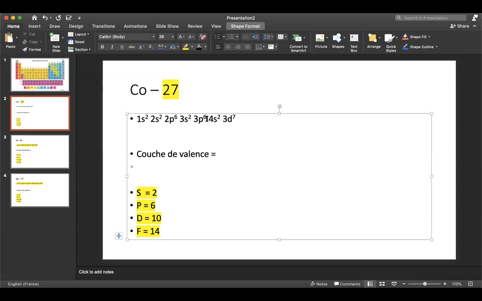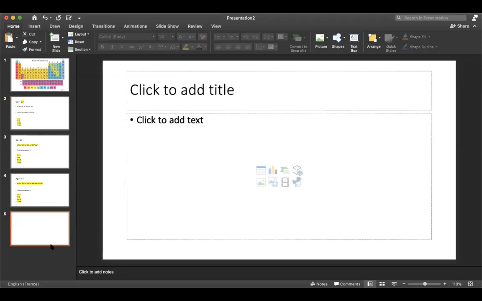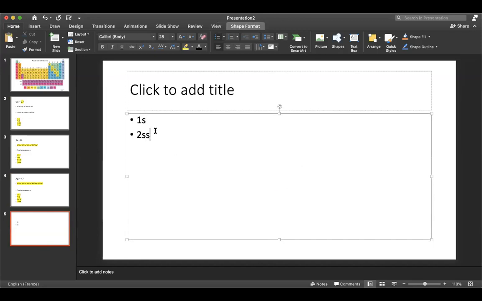See, 3d7. The couche de valence is 4s3d. 4s3d is the couche de valence. If you remember very well from the example that I gave, let me come back to what I wrote last time. 1s, 2s, 2p, 3s, 3p, 4s.